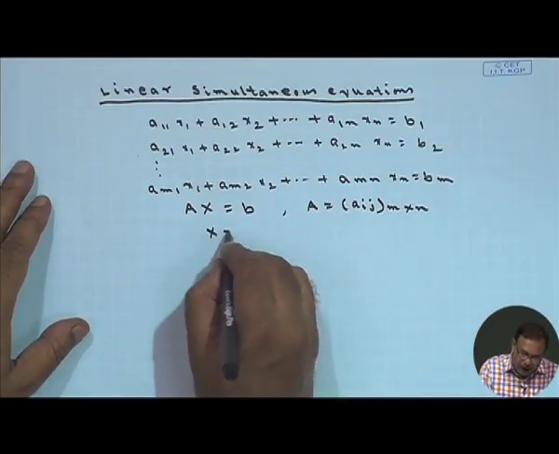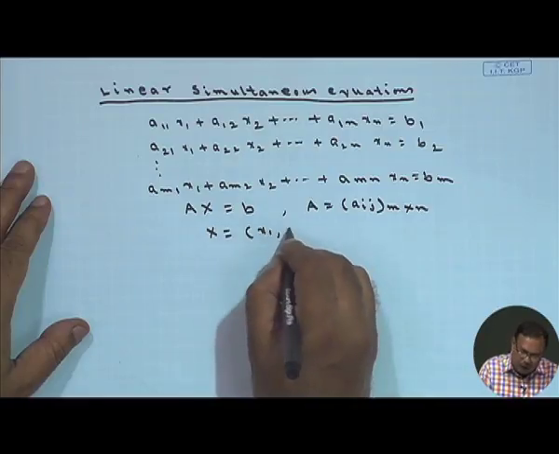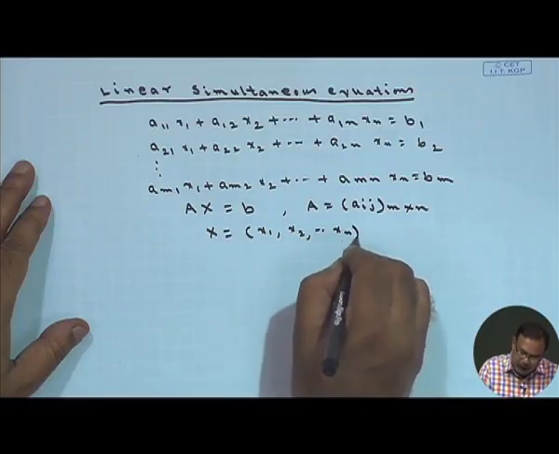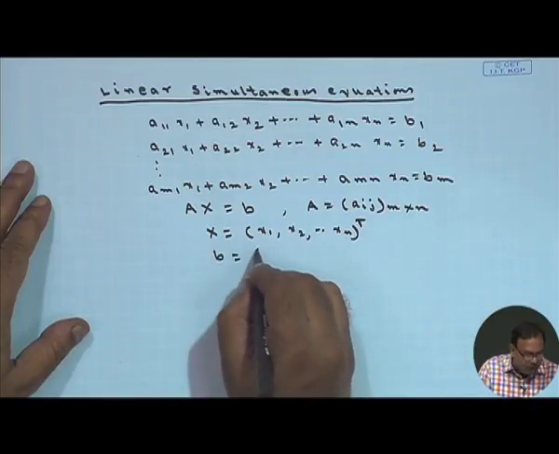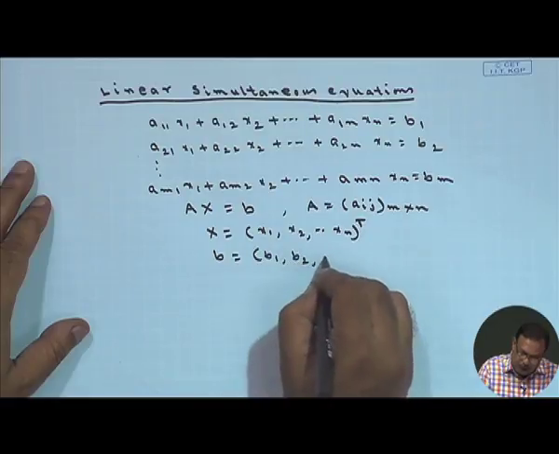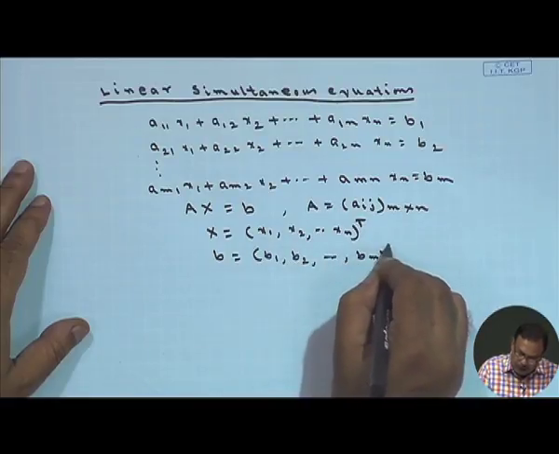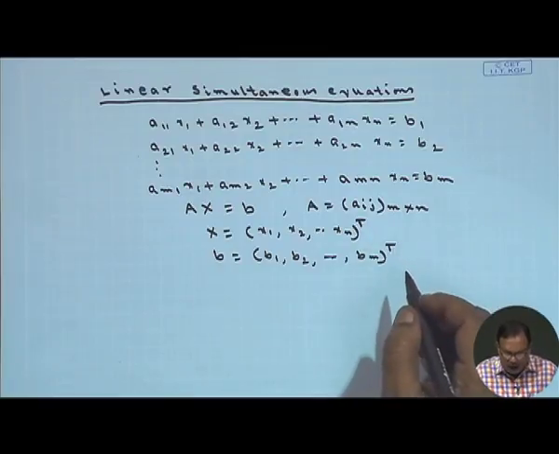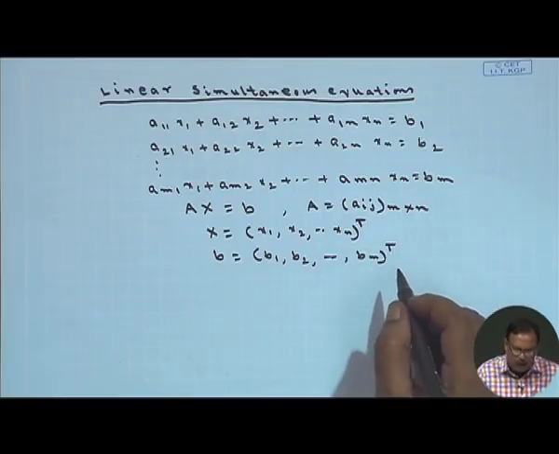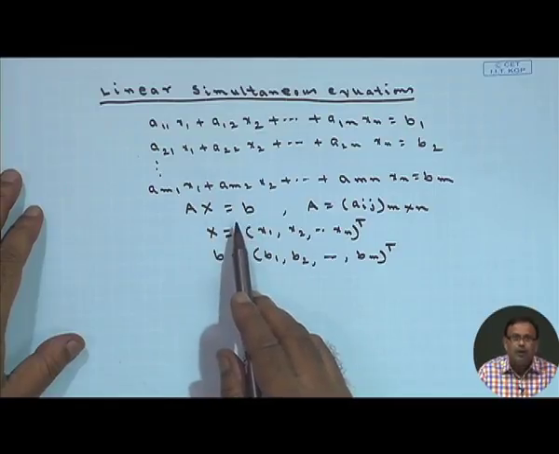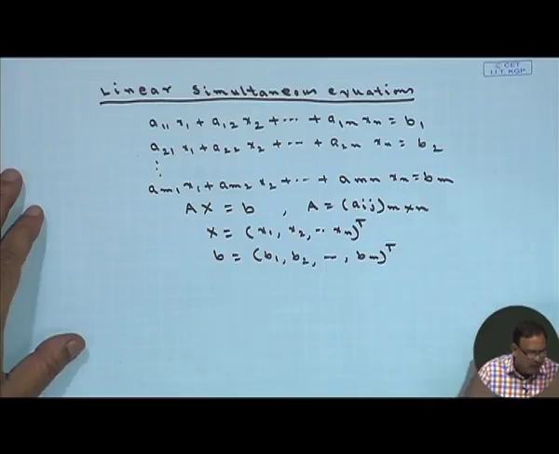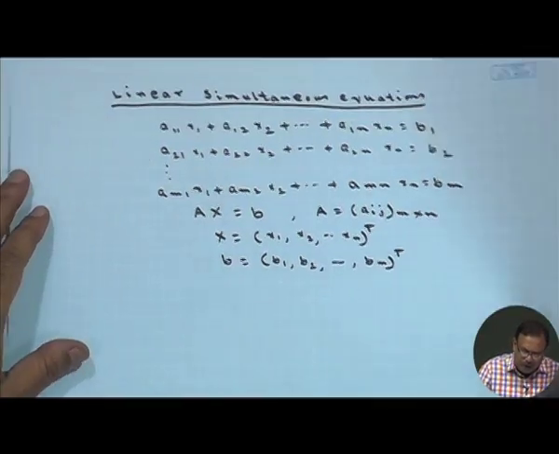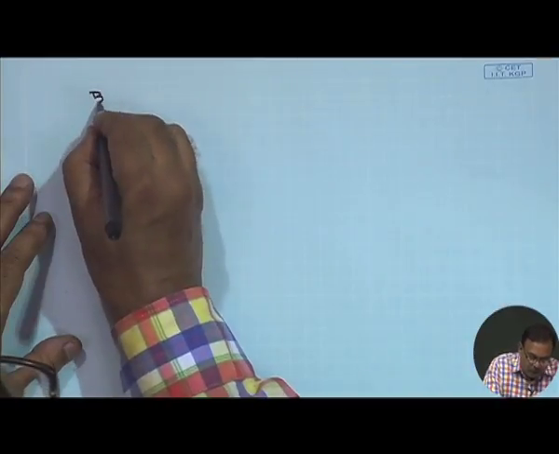Your x will be nothing but the vector x1, x2, up to xn transposed, and similarly your B will be b1, b2, up to bm transposed. So, whenever you have equations, in matrix notation we can always write them in the form Ax equals B. Because whatever we are going to talk about now, this matrix notation will be very useful.